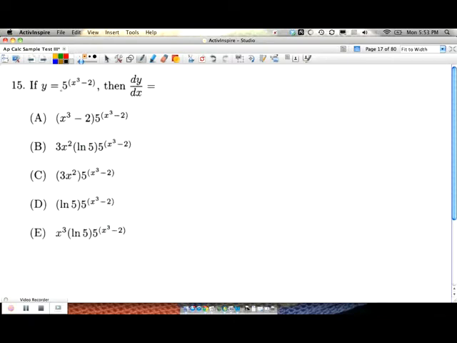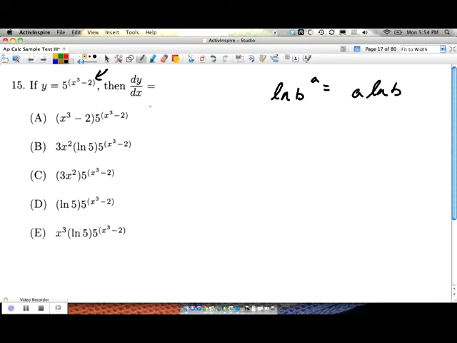There's a formula that you can memorize for this, but whenever I see something that has a power with a function in the power, I like to use logs, because logs allow us to take that power down. Because remember, if we have natural log of b to the a, that's really a times natural log of b. So let's apply that here.